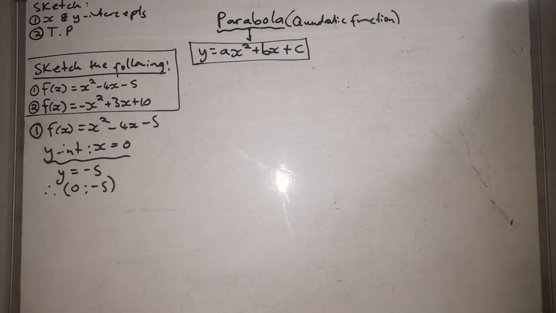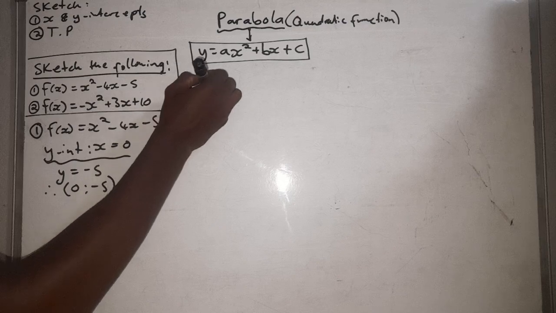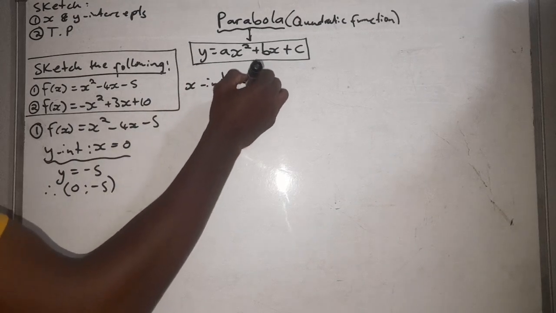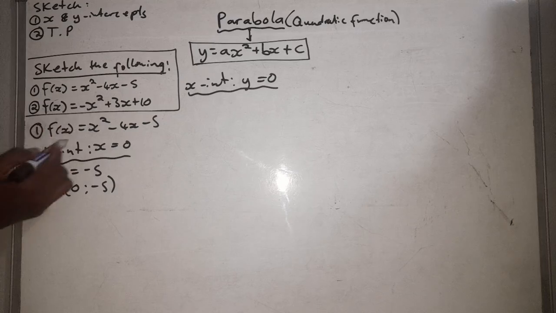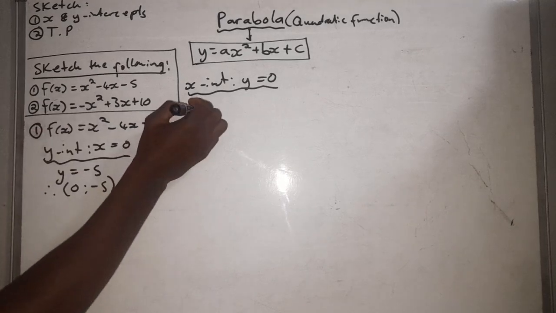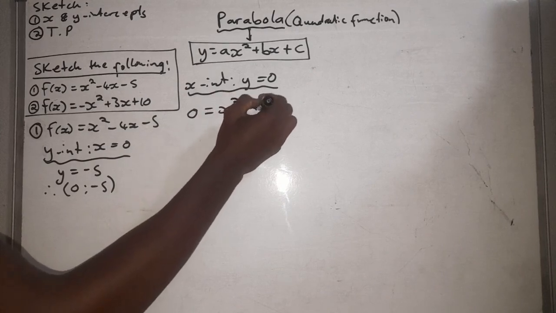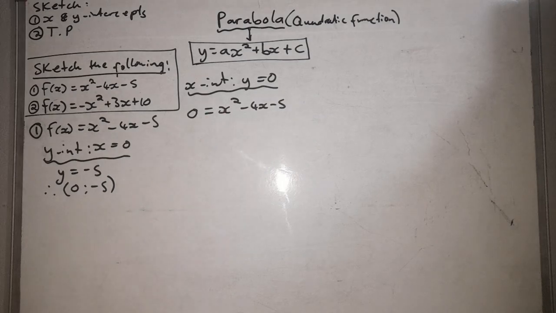Now for the x-intercept, because it's going to be a little longer, you make y 0. In the place of y, you plug 0: 0 equals x squared minus 4x minus 5. Then you may use the quadratic formula or factorize.